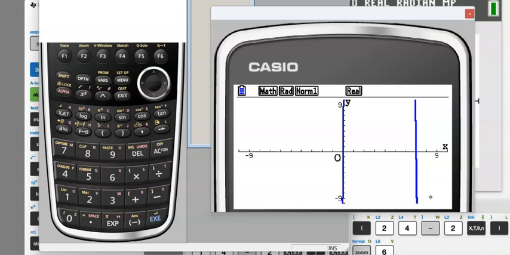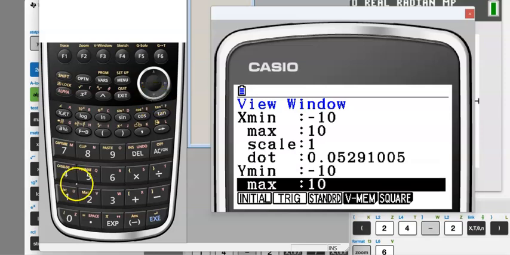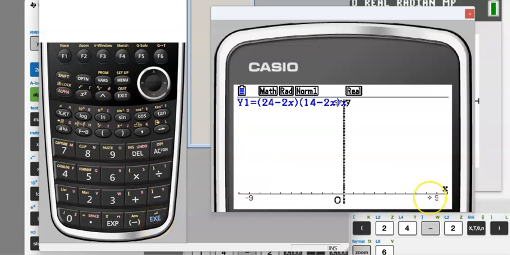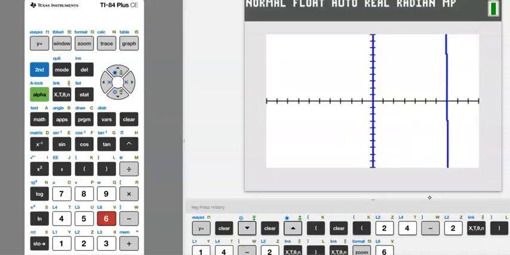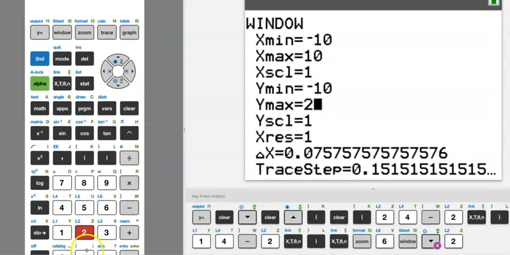When we look at this, we might want to say, well, we need to go higher. So I'm going to go shift window, and I'm going to change the Y max to 100 and hit graph. I notice I didn't go high enough. So then I'm going to switch to the TI. To get the TI, you're going to go window. I would have changed it to 100, but now I know that that's not high enough. So I'm going to try 200, and then hit graph.